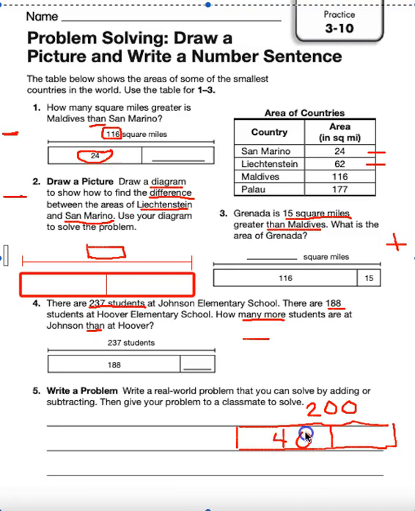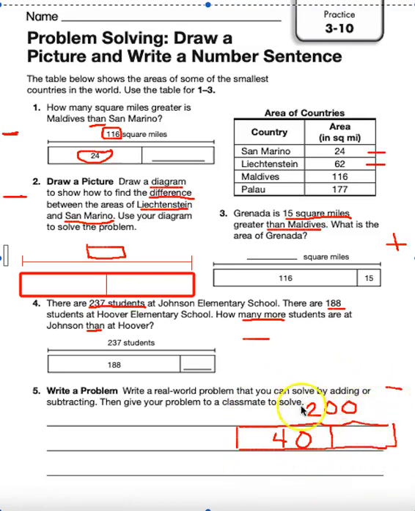So I already know it's going to be a subtraction problem because I'm using the whole and I'm using one of the parts, okay? So now what I need to do is come up with a problem to go along with my diagram that I created. I think this might be easier than having to just wing it and come up with your own real world problem. So I would start with something like this.